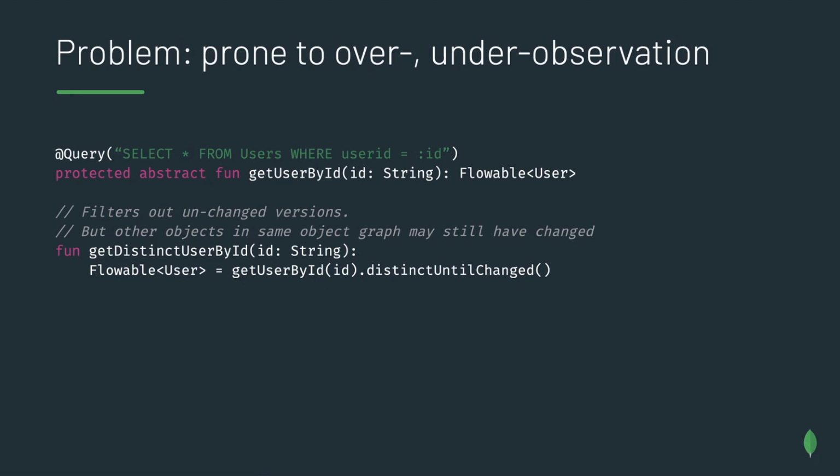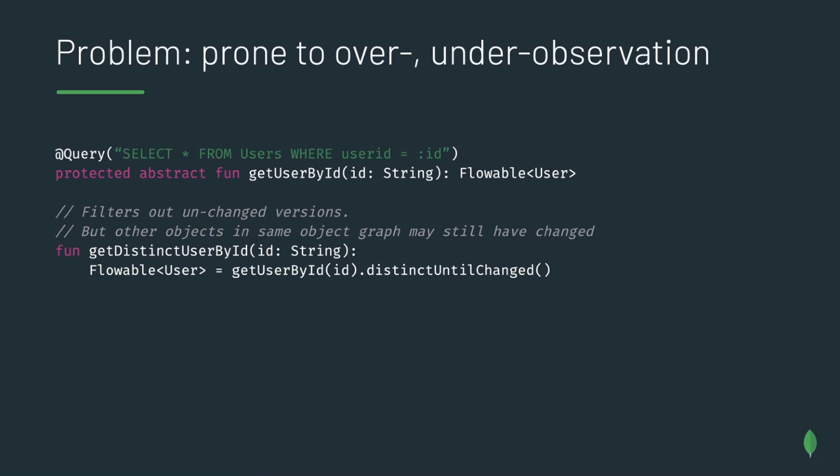The other alternative is to say, well, I'm just going to send you a new version every time. And if you look at something like Room as a good example, as a database, that's basically the choice they make. They say, okay, we're just going to send you new versions every single time the state changes. We'll send you one even if the object has not changed at all. And then you get code like this.